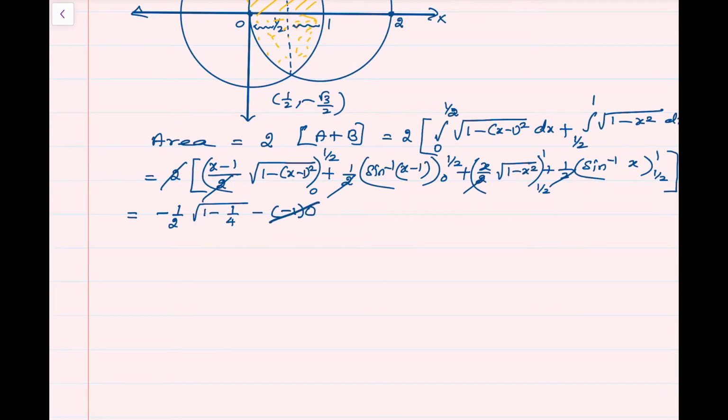So, 0 into minus 1 is 0 plus sine inverse of half minus 1 which is minus half minus lower limit sine inverse of 0 minus 1 is minus 1 plus the next term 1 minus 1 will become 0 upper limit, lower limit is x into, that is half into root of 1 minus half square, 1 minus 1 by 4 is 3 by 4 plus sine inverse of 1 minus sine inverse of half.